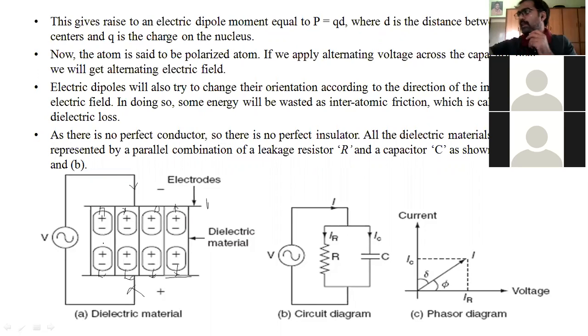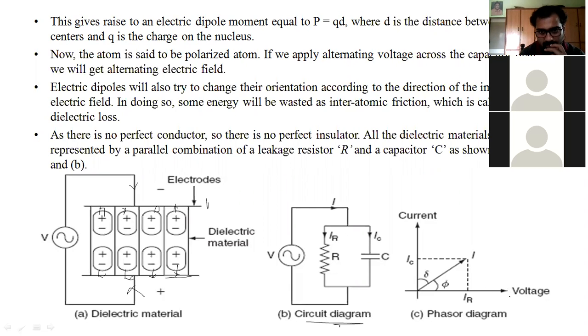There are no perfect conductors and no perfect insulators. So all materials are represented by a parallel combination, which is shown in figure B. When coming to the circuit diagram, just check it out.